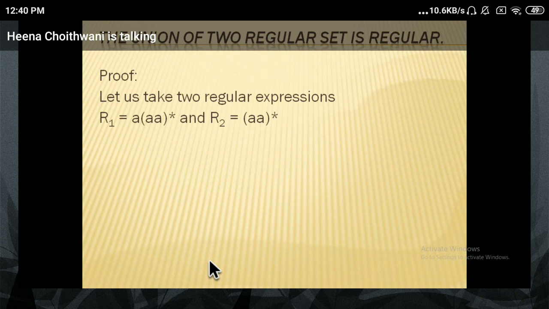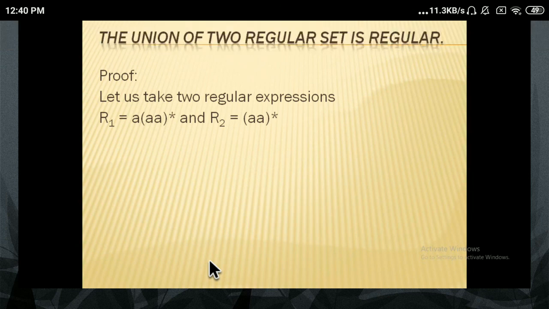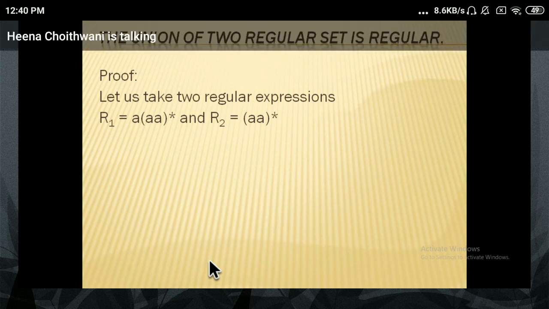So can we say this language will have all the possible strings of A with even length, right? So R1 is nothing but all the possible strings of A in odd length. R2 is all the possible strings of A in even length.